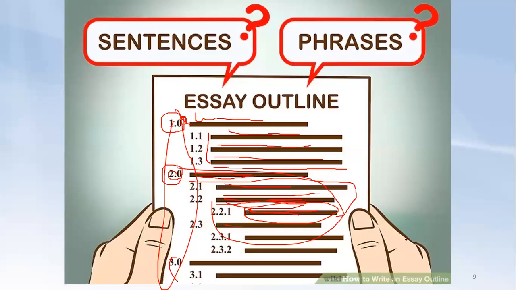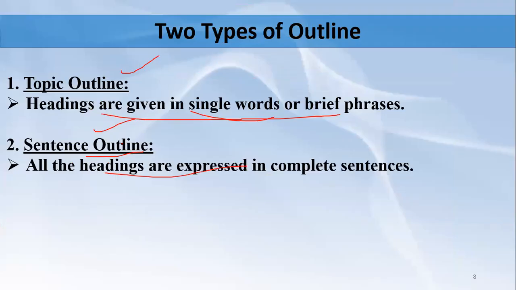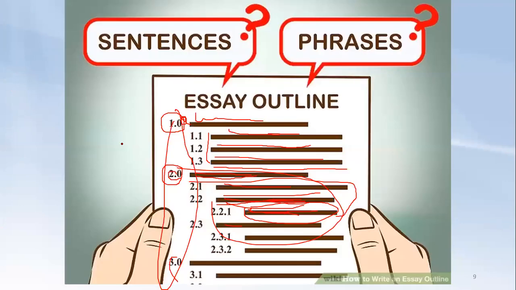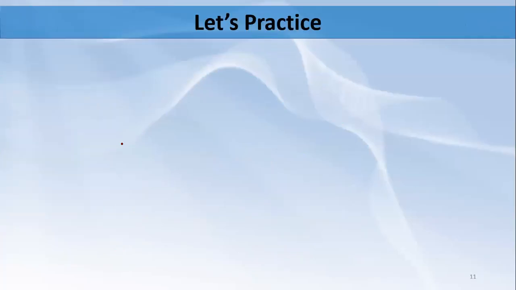So this is how an outline looks, the sketch of an outline. Is this clear so far? What is an outline? How to create it? Yes, it's clear, so let's practice.